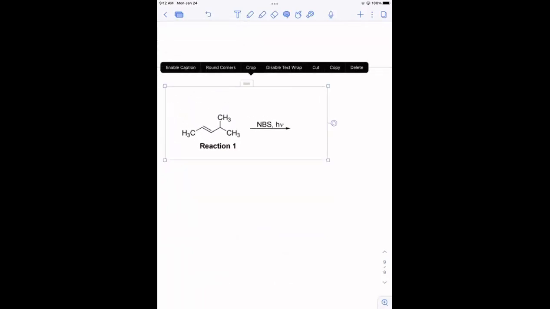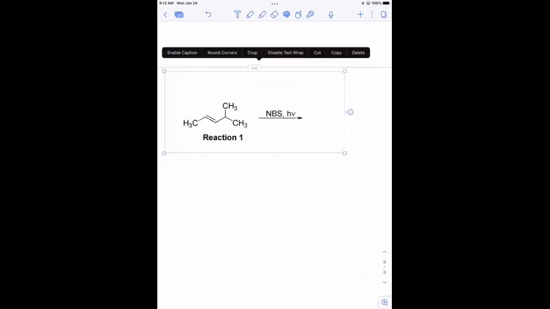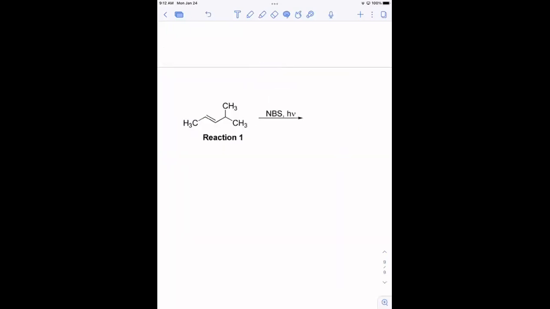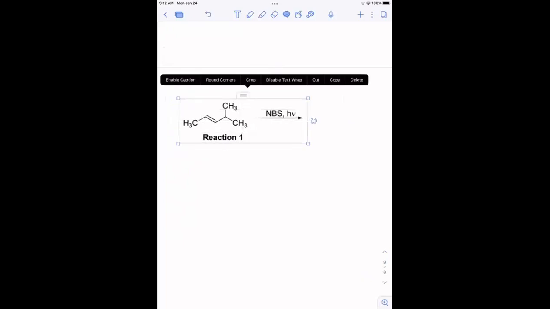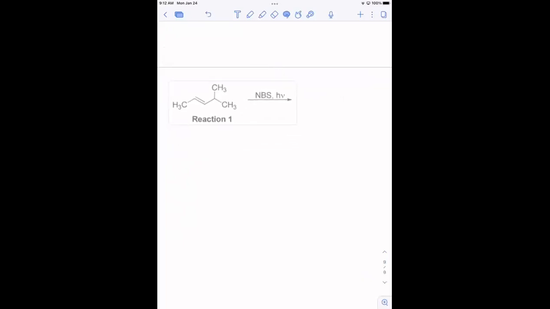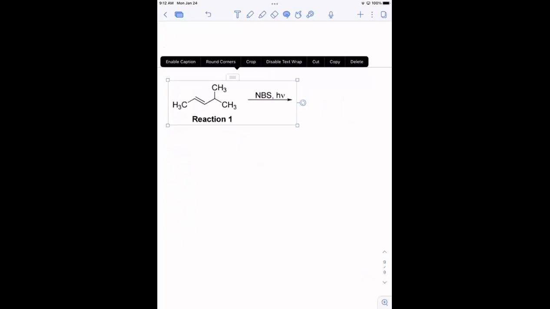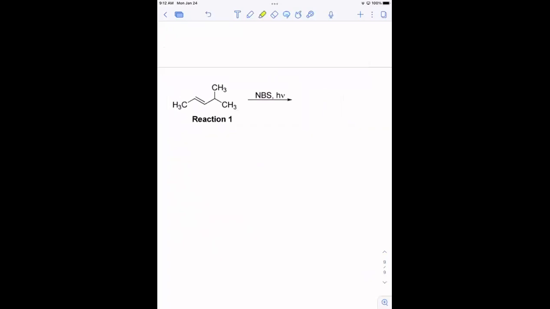All right, so what's the first thing we need to do here before we do anything? So the strategy for these types of problems is to do what? We're doing, again, based on the conditions.